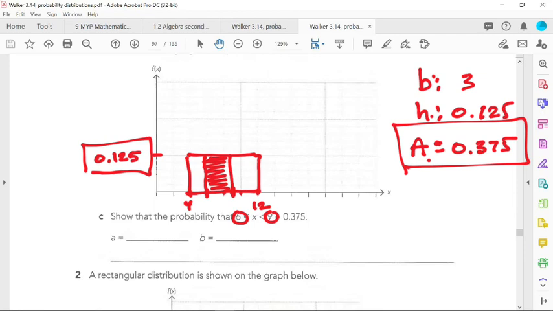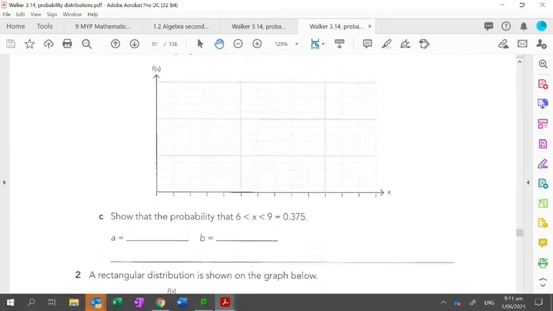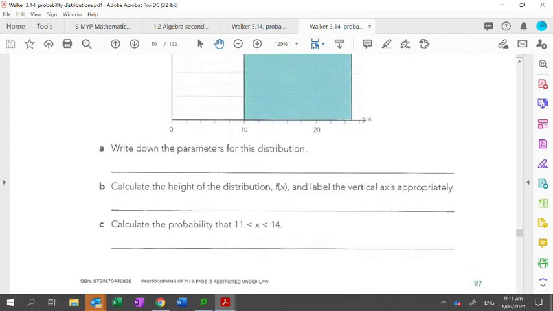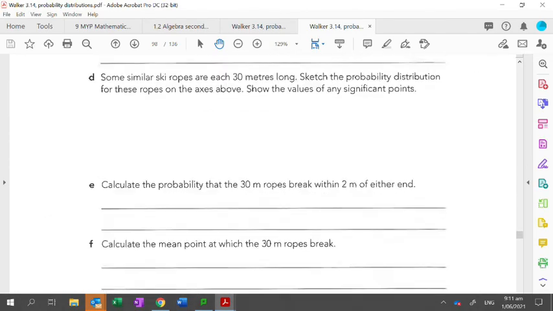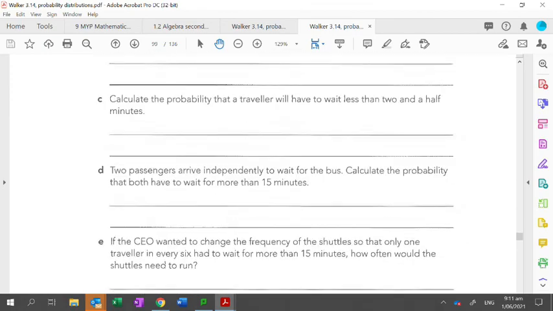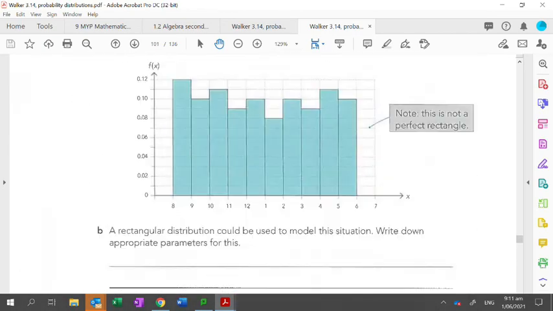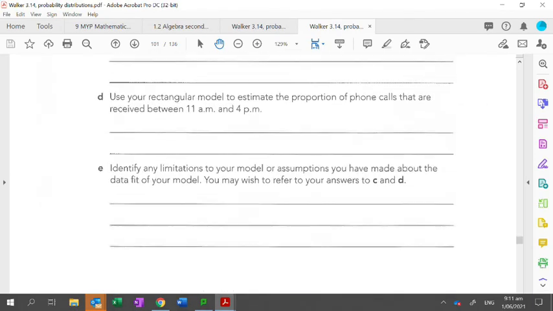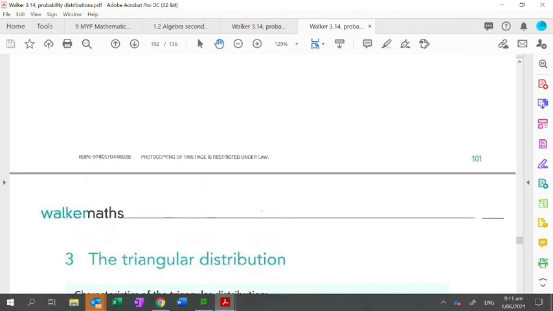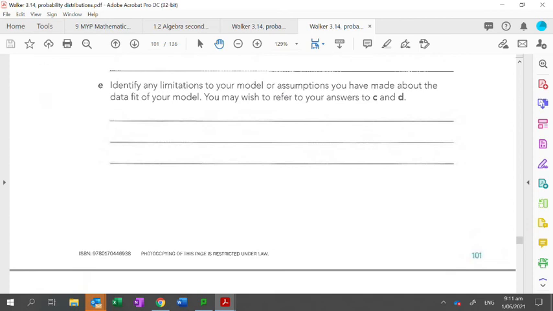It makes no difference. So what we're going to do is look at the ones in the book and work on these. These go from page 97 to 101.